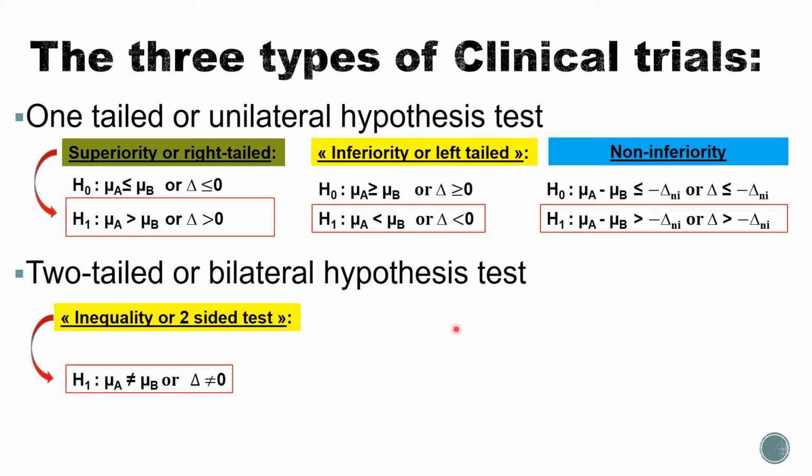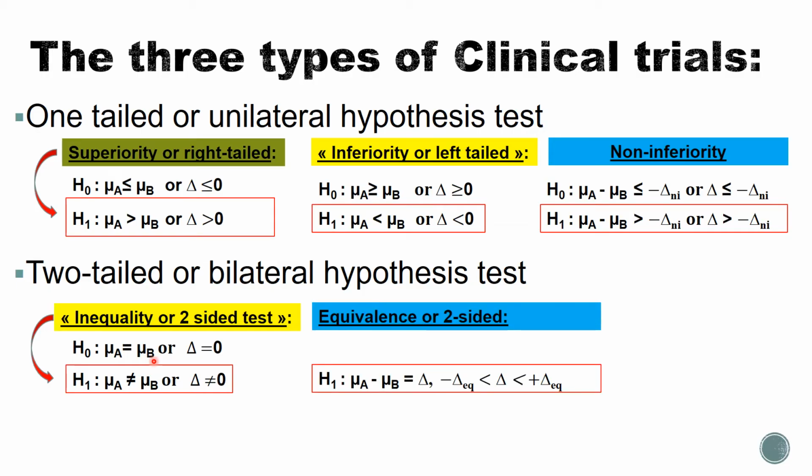If we are trying to say the efficacy of treatment A, for example, is not equal to the efficacy of treatment B. But in this case, what we are trying to say is that treatment A could either be less than or equal to treatment B. In other words, their differences should not be equal to 0.